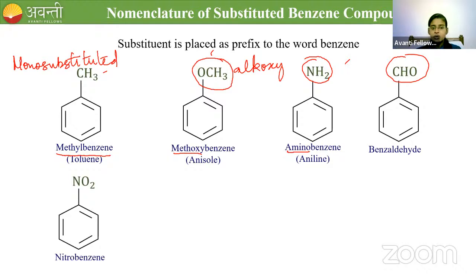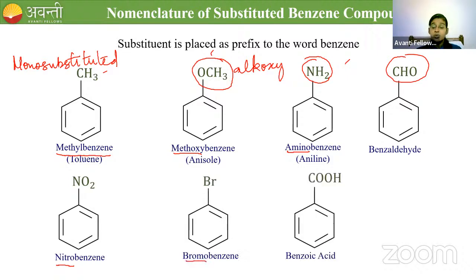If I have NO2, the nitro group, it is nitrobenzene. If bromine is attached, it is bromobenzene. COOH is the first member in the list, so it is called benzoic acid. If OH is attached, it is called phenol.